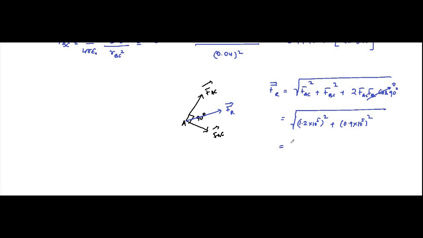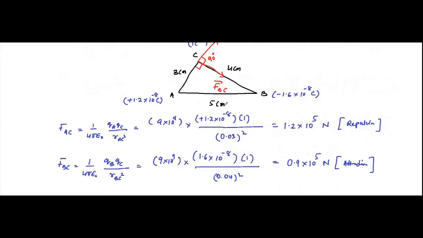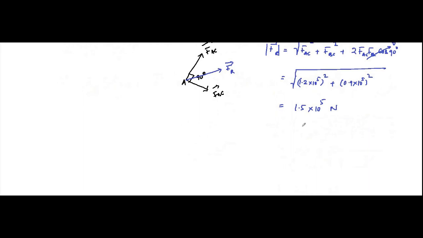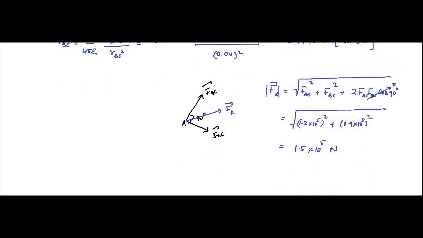It is coming around 1.5 into 10 to the power 5 Newton. This is the resultant vector magnitude. It has been asked to find the total force, the net force acting on this, 1.5 into 10 to the power 5 Newton.